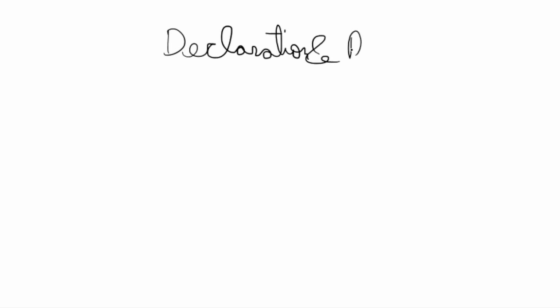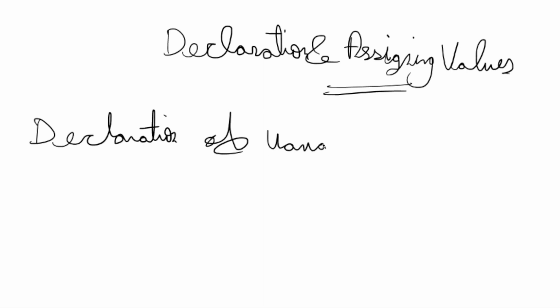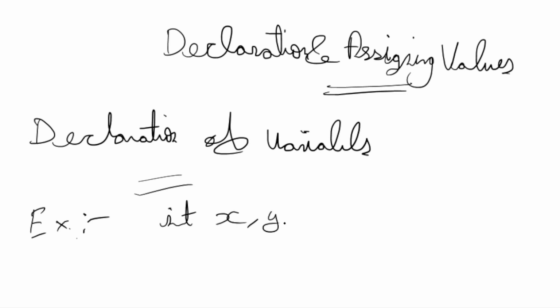Now we move on to declaration and assigning values. The declaration of variables is done before they are used in a program. Take an example like int x, y, z.